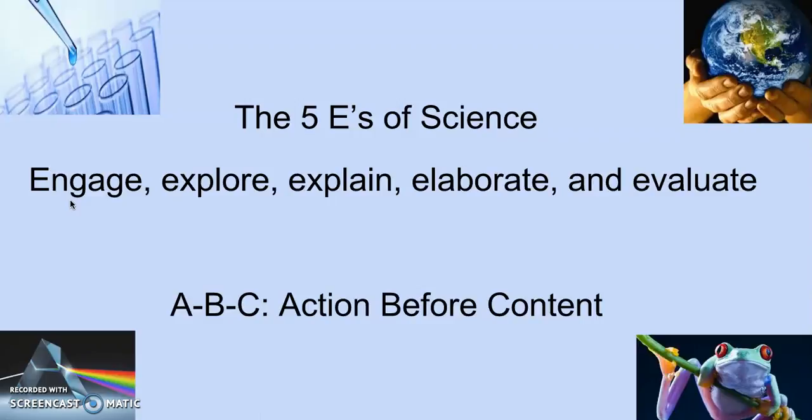I dare say that many old traditional lessons probably began with explaining, and some form of elaboration and engagement and exploration came between the teacher explaining and the evaluation at the end. But that's not the case with the three-dimensional mindset, the mindset of these new standards.